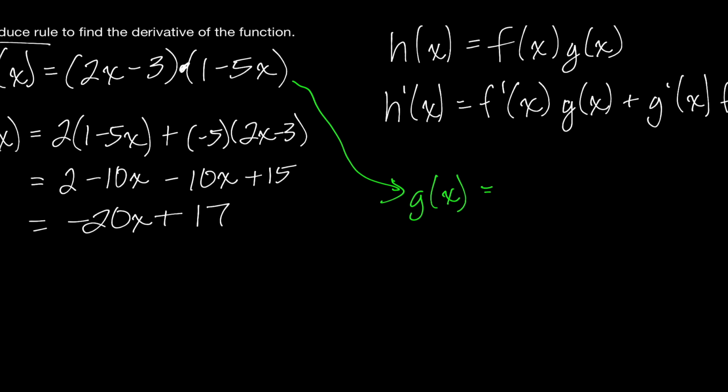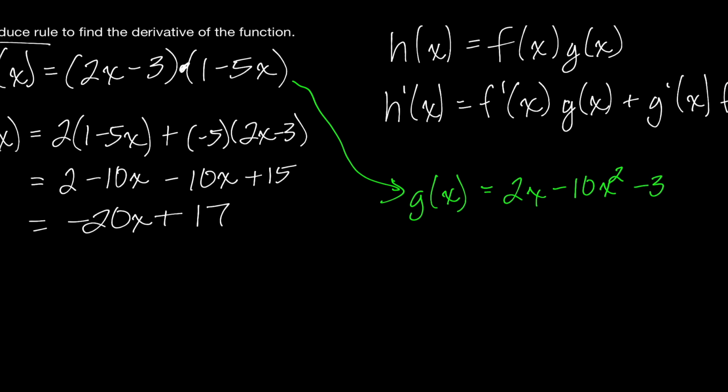So when I multiply that out, first times first is 2x. Outers. Right, when I look at my outers, 2x times negative 5x, that gives me a negative 10x squared. Then I'm going to look at my inners. Negative 3 times 1, negative 3.